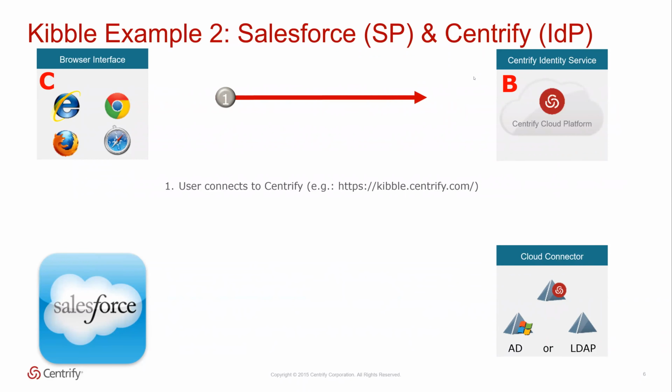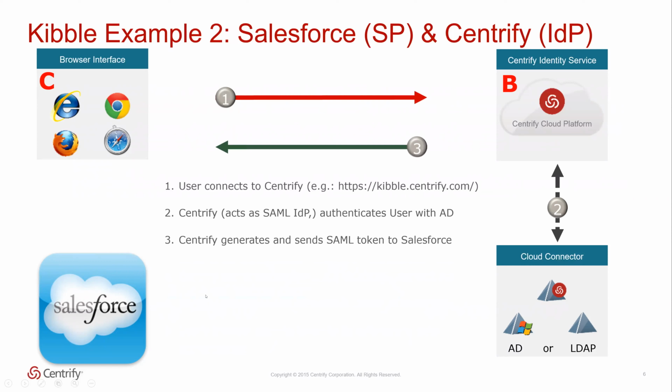Because, at least for me, my Kibble is always on, and it already has IWA. So it's really convenient for me to just go into the user portal, go to Centrify, and then click on the Salesforce application that has already been set up. Then I'm in. So that's another way this could happen.